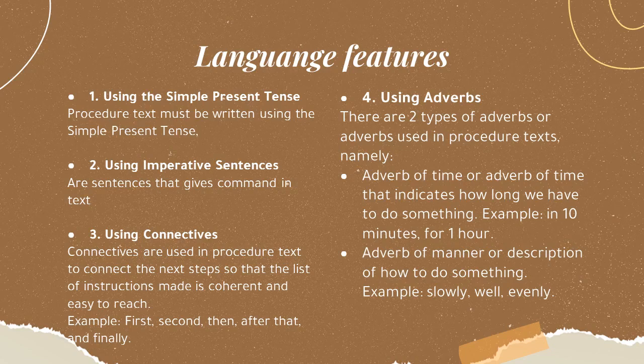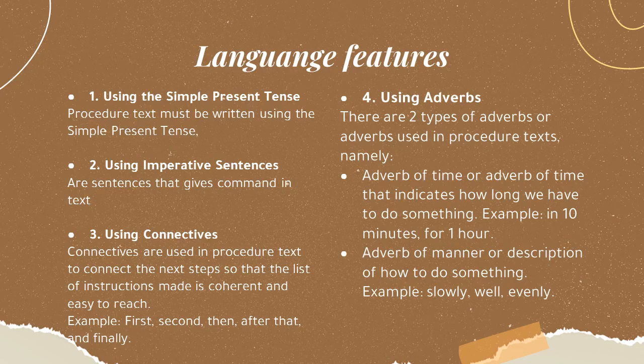And adverb of manner is a description of how to do something, for example slowly, well, evenly. An example sentence is: put your food slowly.